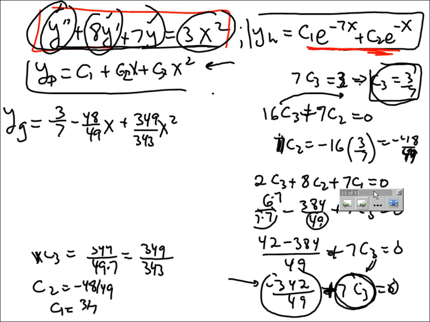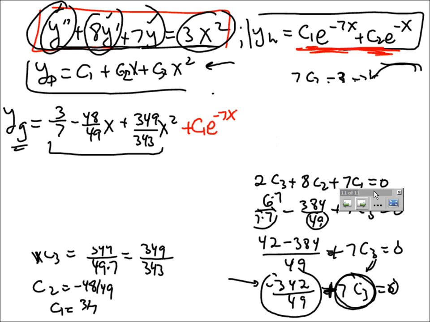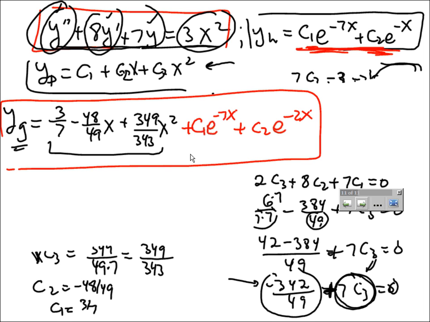Now that's the particular solution. But the general is the particular plus the homogeneous, which I left up here. Plus C4 e to the negative 7x plus C5 e to the negative x. There is the general solution to that very top differential equation. This one right here. Like always, let's do some more.